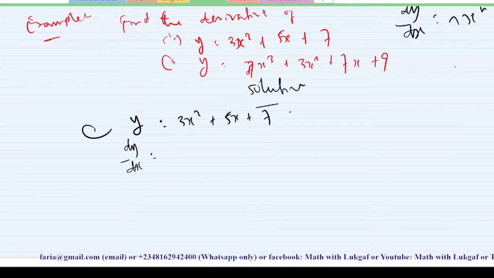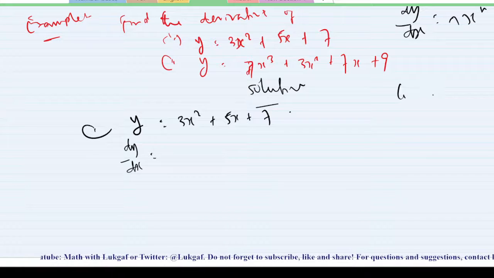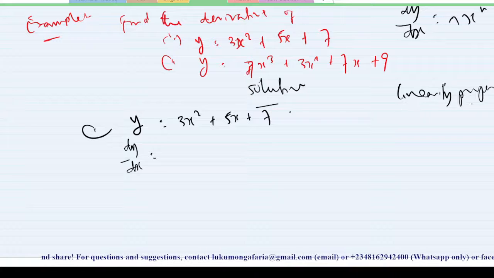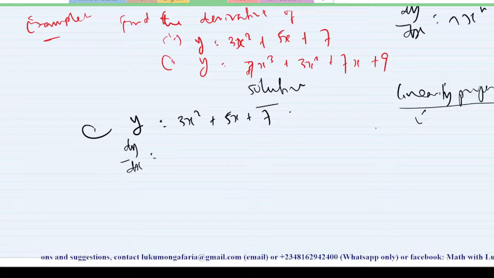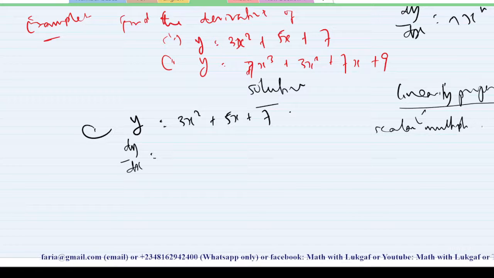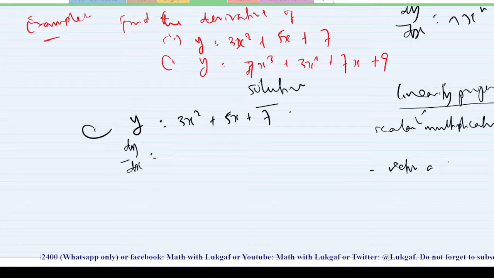But before I continue solving this, let me make you recall one property in linear algebra known as the linearity property. For your linearity property, we have scalar multiplication and vector addition.